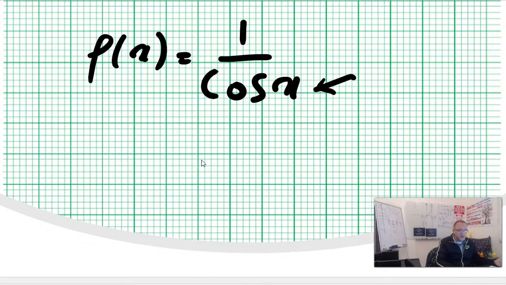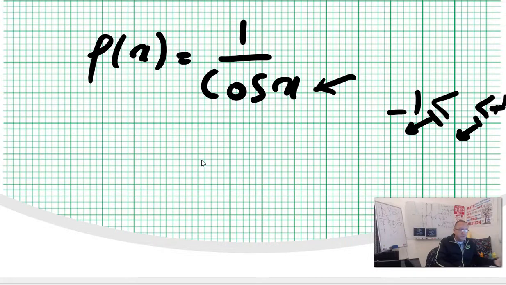Remember, this cosine is always between -1 and +1, right? It could be right at 1 and -1, but the absolute value is never larger than 1. So basically, this is a proper fraction.